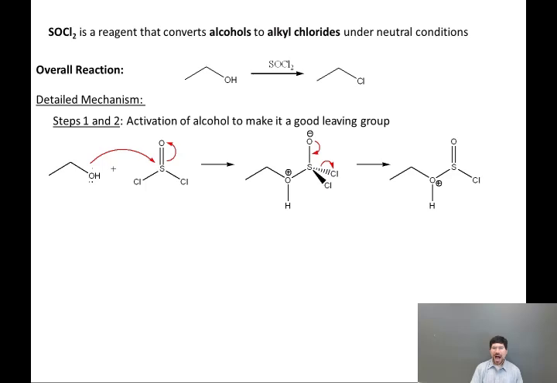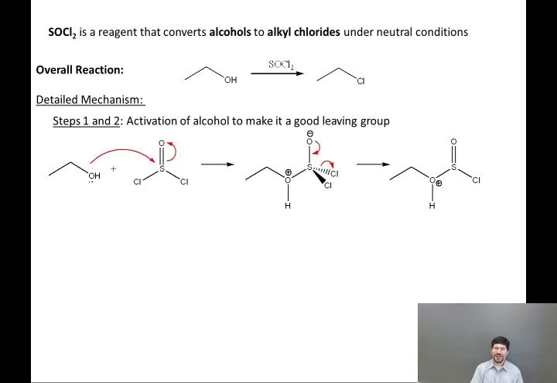So if we have the opportunity to break a pi bond rather than a sigma bond, we're going to do so, and that's precisely what happens. In forming the new oxygen-sulfur bond, we break the sulfur-oxygen pi bond. This gives us an intermediate in which sulfur is forming 4 single bonds, and there's a negative charge on the oxygen that is singly bonded to sulfur.